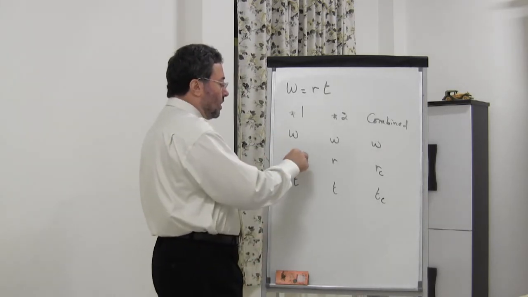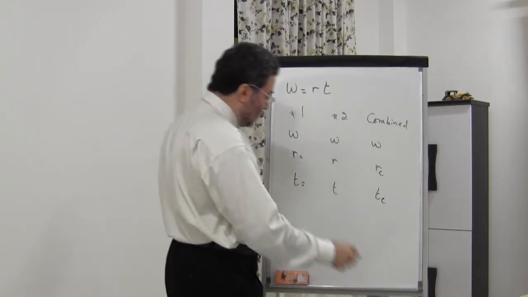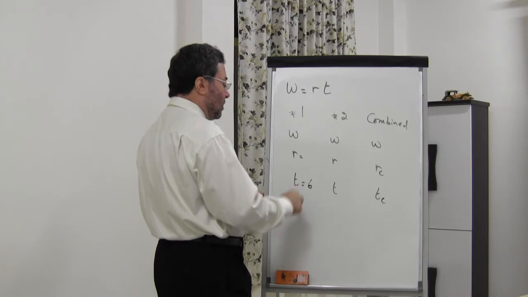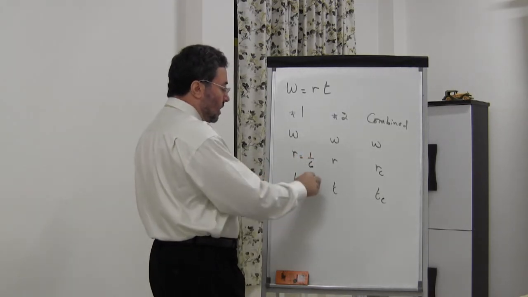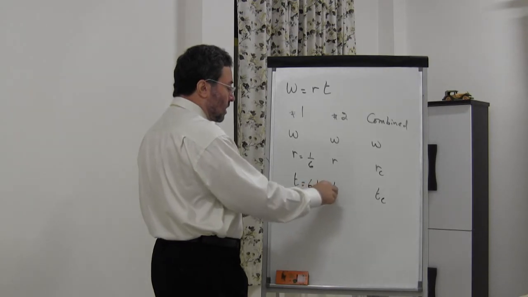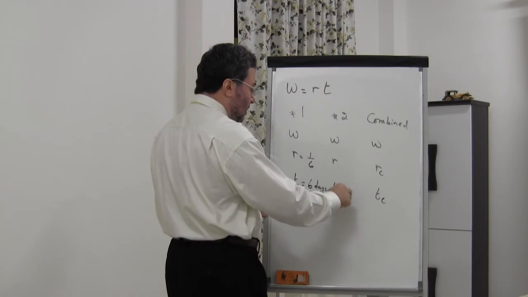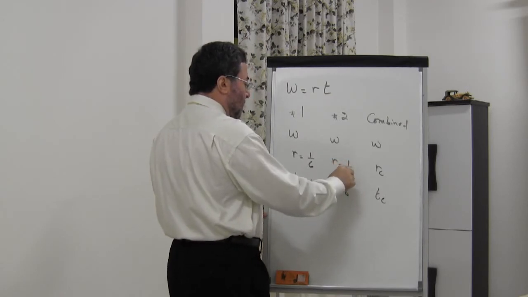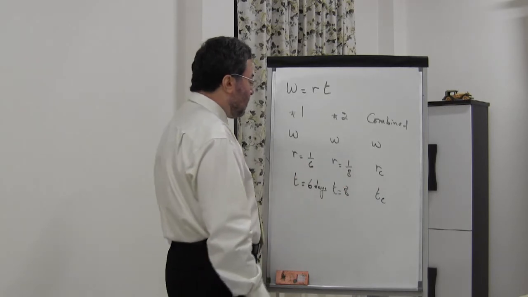So here, since this guy takes 6 days to finish the work, his rate is 1 over 6. And here our units are days. And the other fellow will take 8 days, so his rate is 1 over 8. Now the combined rate is their sum.